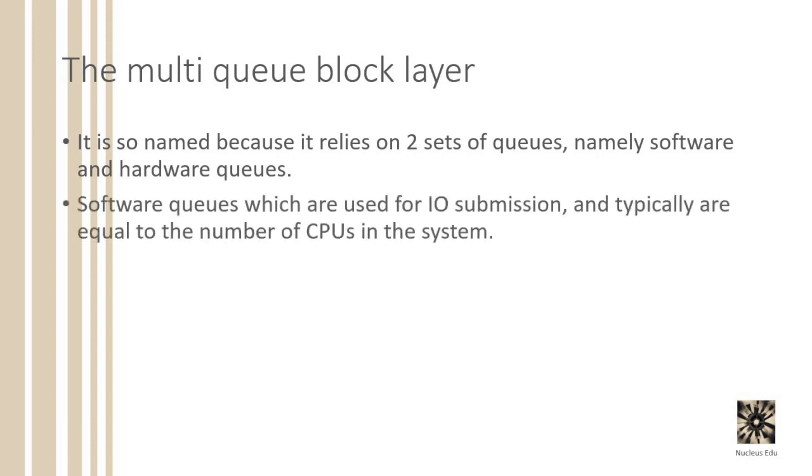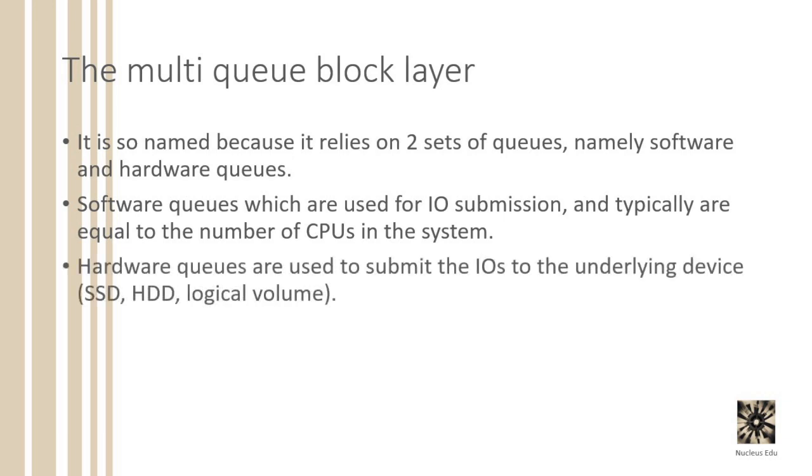As I mentioned, it has two queues: software queues, which are used for IO submission and are typically equal to the number of CPUs in the system, and the hardware queues, which are used to submit the IOs to the underlying device.